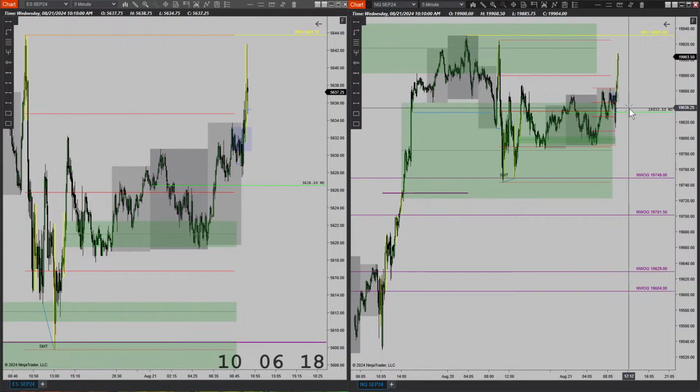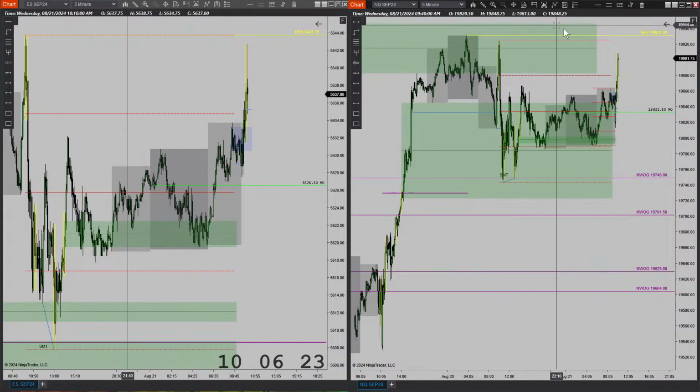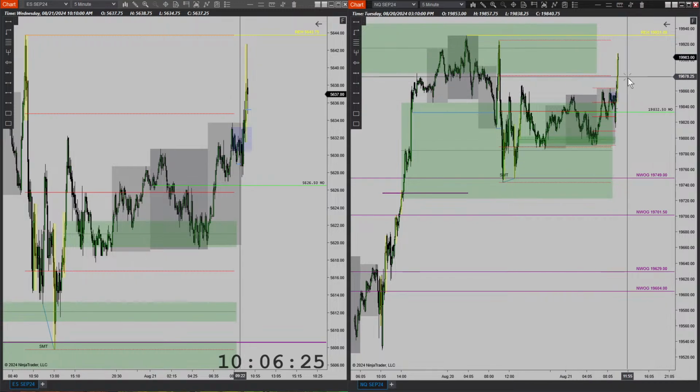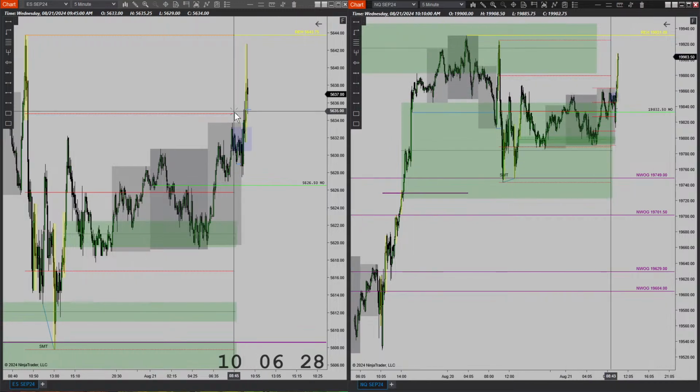I actually saw it on an instruction video from ICT, and it meant that price would target these highs. And as you can see, price is drawing higher with very little pullbacks.